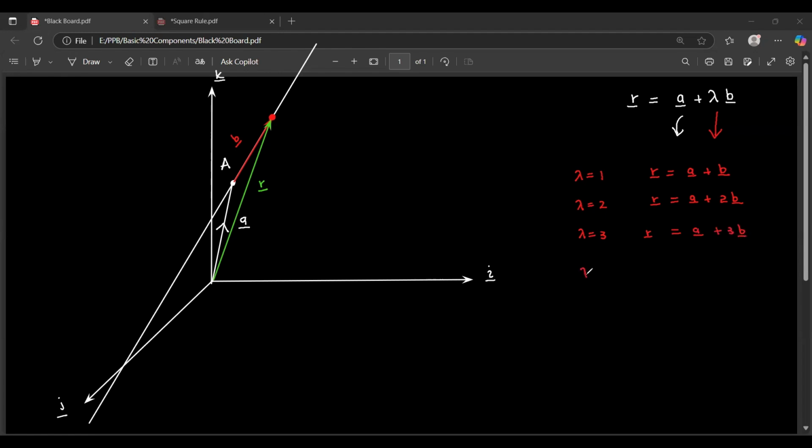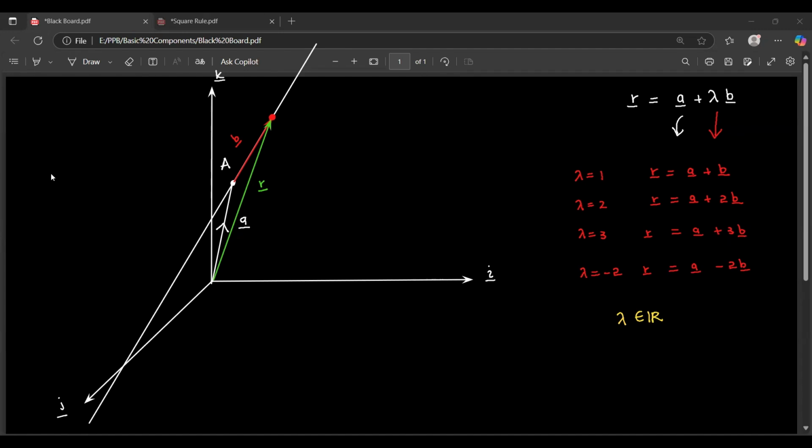The special part is lambda can also be a negative number. Let's say negative 2, R is equal to A minus 2B. Lambda is a real number, it can be any real number, so for any value of lambda you can represent a point on the given line.